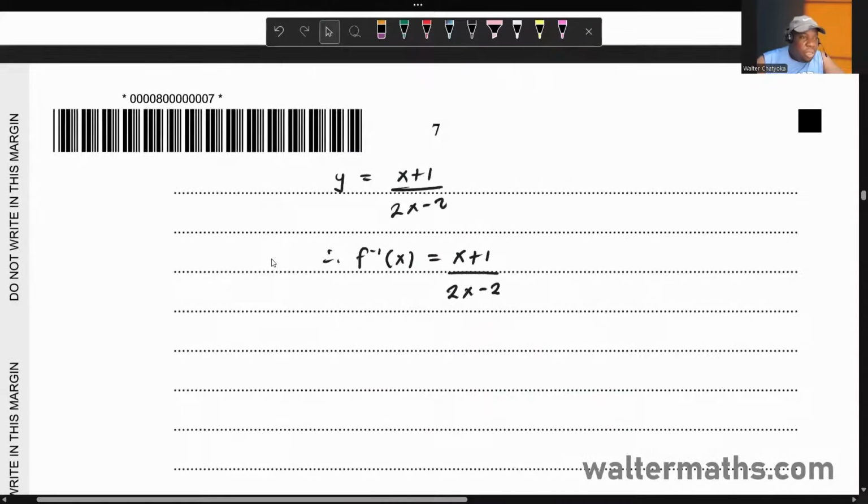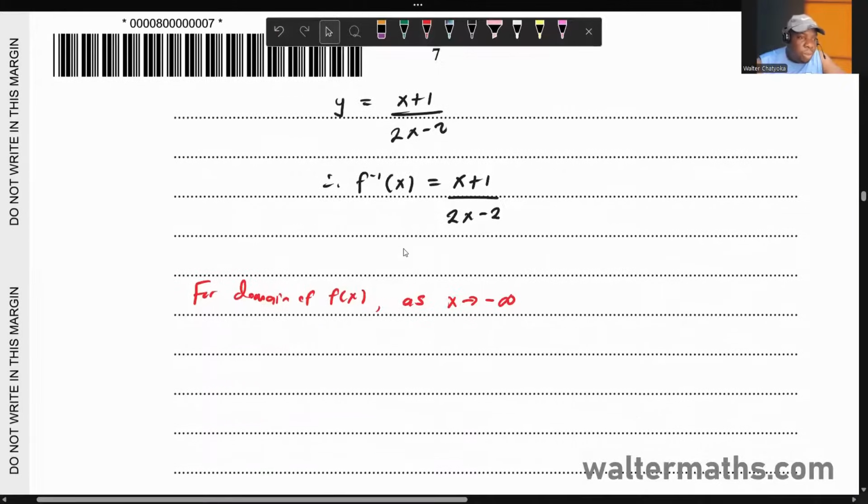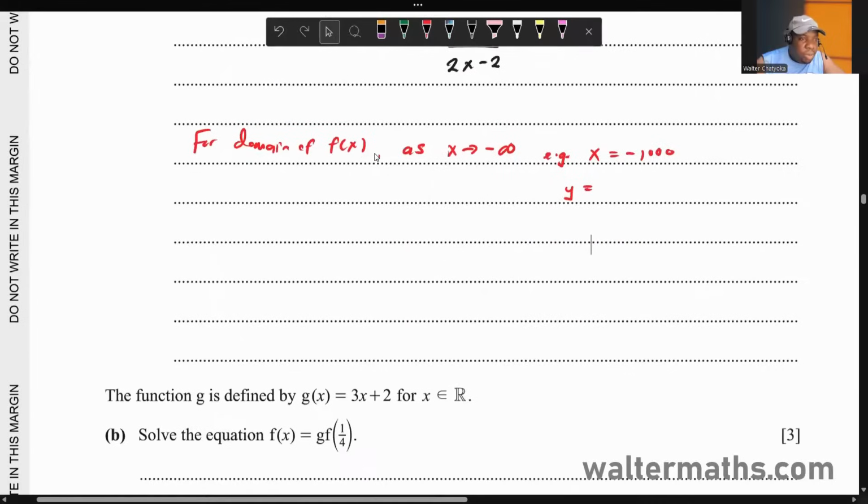So I'll say here for the domain of the original function, we can say as x approaches negative infinity, that is, as the graph continues to go more and more to the left, I'll take a very small value of x, say minus 1,000. The original function is y is equal to 2x plus 1 over 2x minus 1.